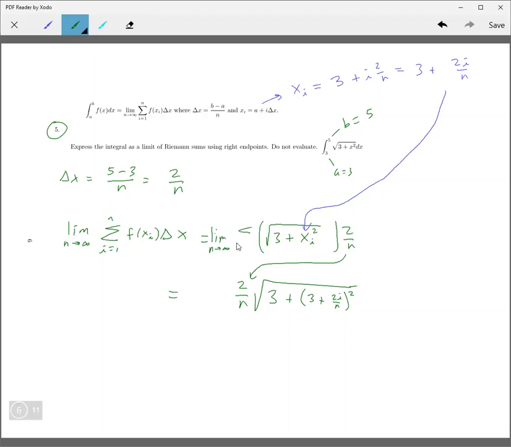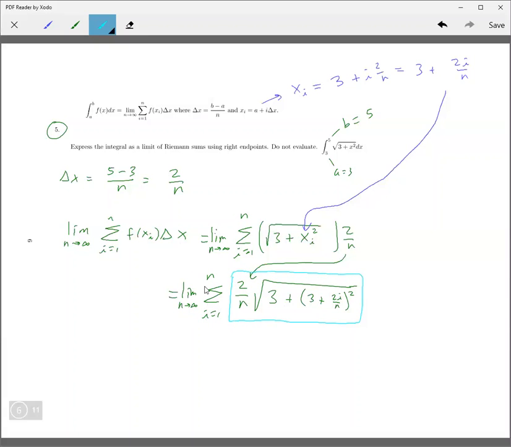I keep on forgetting to put this summation sign. Okay, so that's what it should look like right there. That will be the answer right here.